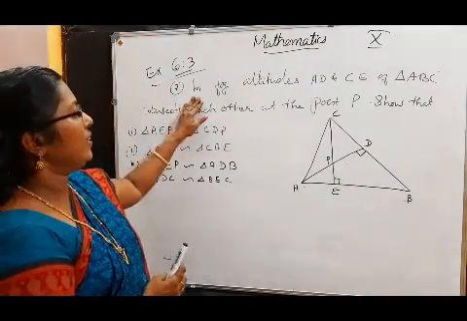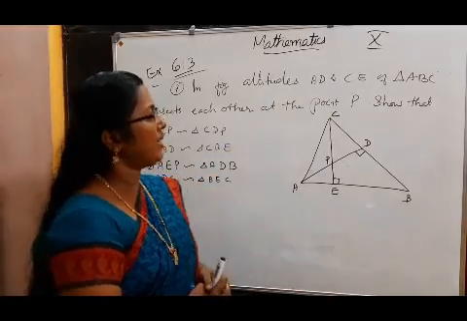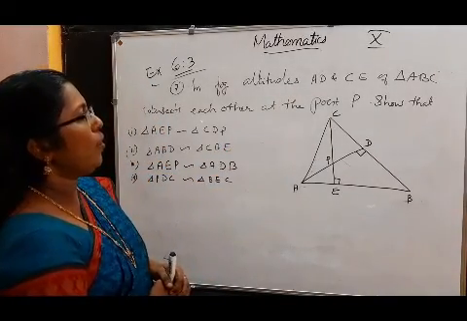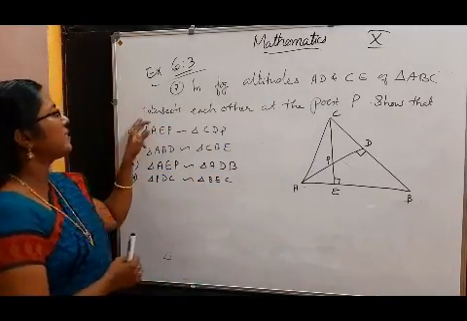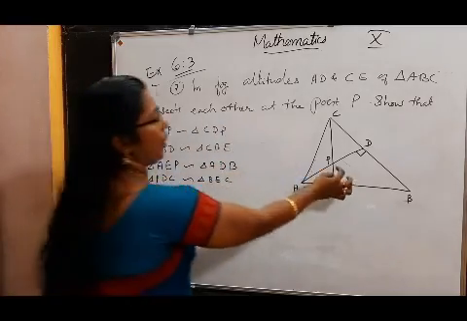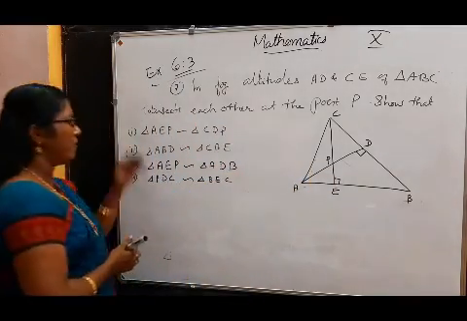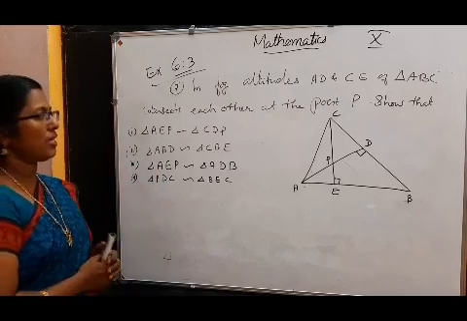Question number 7. In the figure, altitudes AD and CE of triangle ABC intersect each other at the point P. Show that, we want to prove four questions.